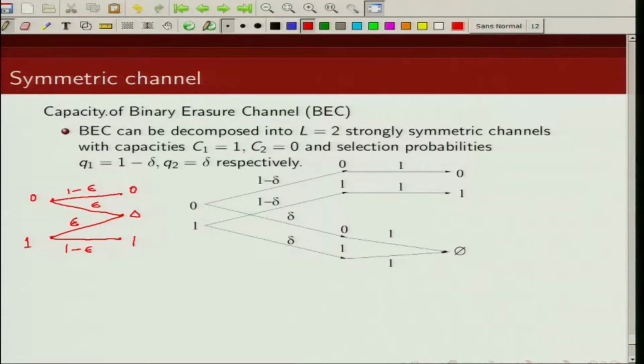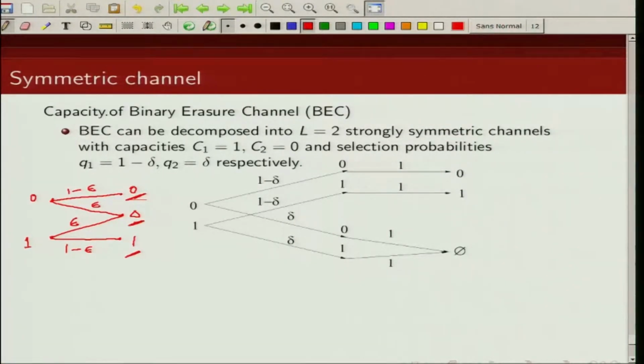Now packet data networks can be modeled by this very simple binary erasure model. You either receive the packets correctly, or if you do not receive the packet correctly, then you want to discard them. Now this binary erasure channel can be, as you can see here, if we look at the focusing of this particular input 0 and 1, they are the same, and the focusing of this delta is the same.